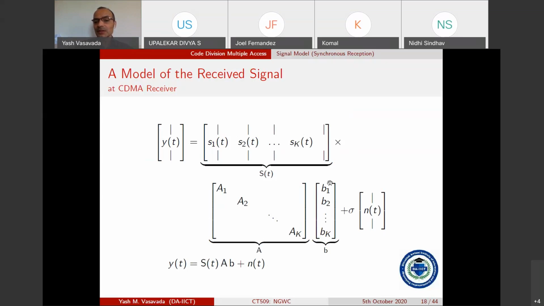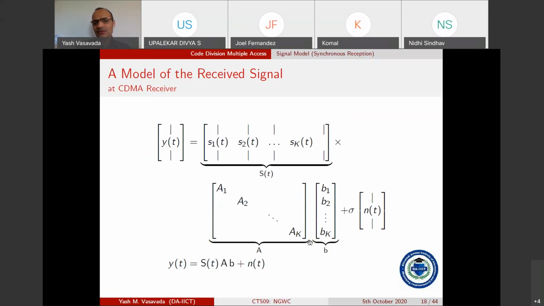And the reason is because we are assuming this B1, B2, all of the B symbols to have unit energy. That is just for notational sake. Obviously, the received signal will not have all the symbols at the same unit energy. And so what is the energy of each of these K users is captured by this A1, A2, A of K. Because these B's are assumed to have unit energy, the S's are assumed to have unit energy, the symbol energy is just proportional to A squared.